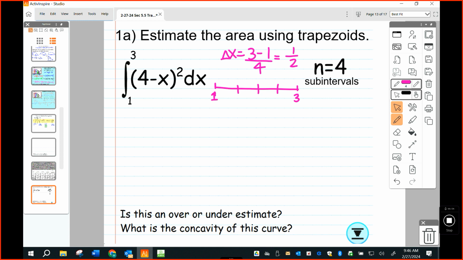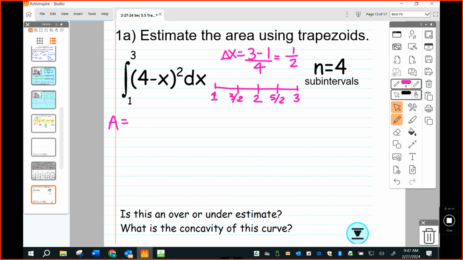So we've got 1. Of course, 2's in the middle. What's this one? 1.5 or 3/2. 2.5 or 5/2. I'm going to use fractions for this because it's a little bit easier to square fractions than decimals. All right, so if you do your little number line, then you can just pull those numbers as we set up our formula. Here we go.